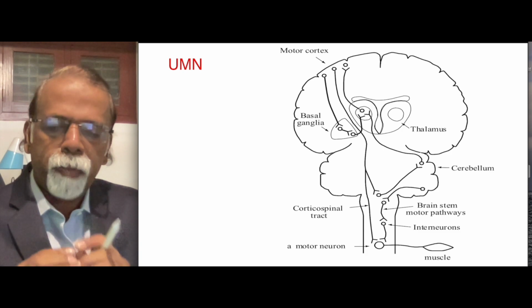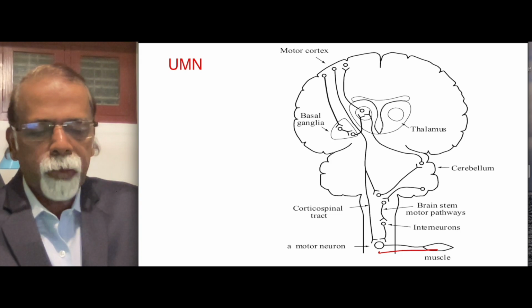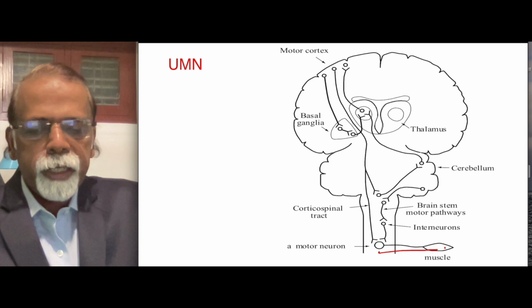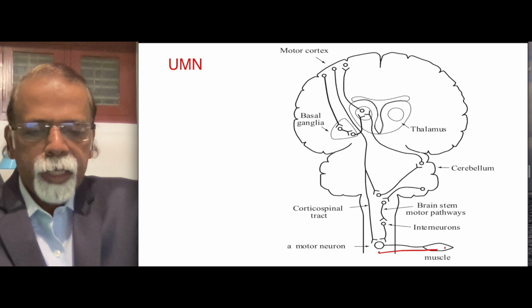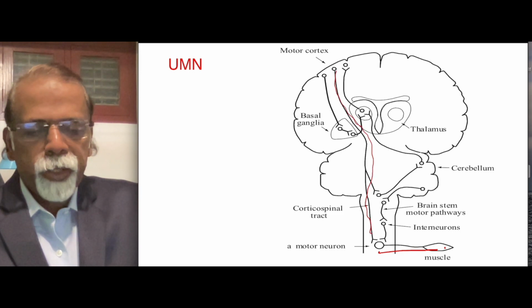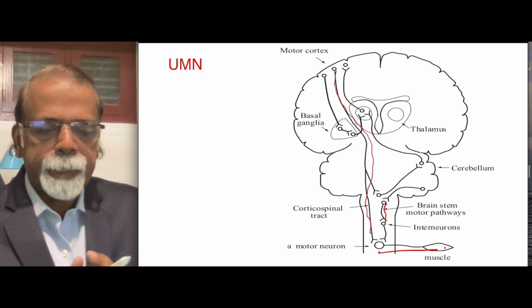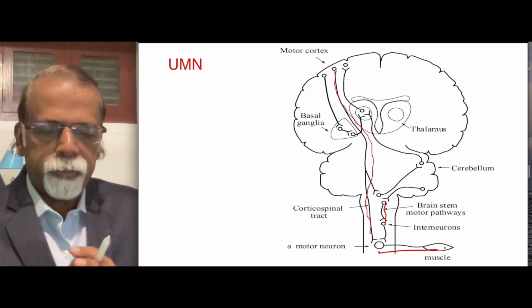We'll go back to upper motor neuron once more. This is the lower motor neuron, the final common pathway, being influenced by pathways arising from the cortex, the corticospinal pathway. From the brainstem, various pathways are also there, about which we'll discuss in the next session on upper motor neuron.